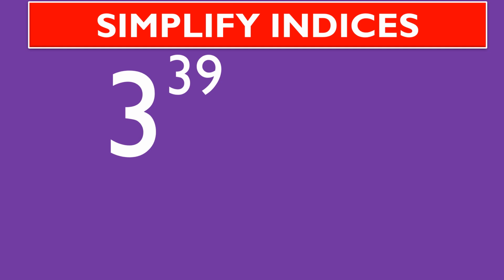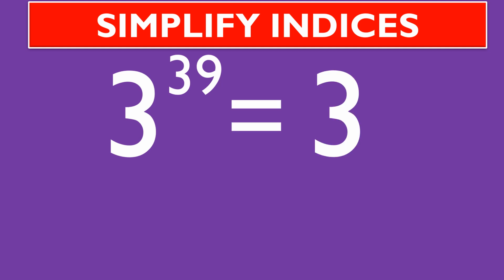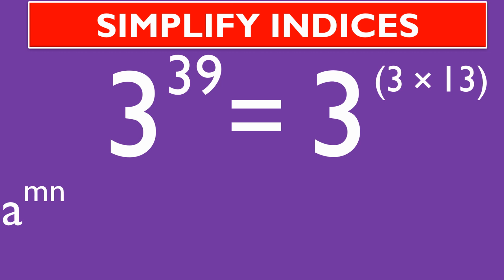So let's look at 3 raised to the power of 39. 3 raised to the power of 39 is the same as 3 to the power of 3 times 13, which we can also express, remember from the law of indices, that a raised to the power of mn, that is m times n, is the same as a raised to the power of m and then raised to the power of n.